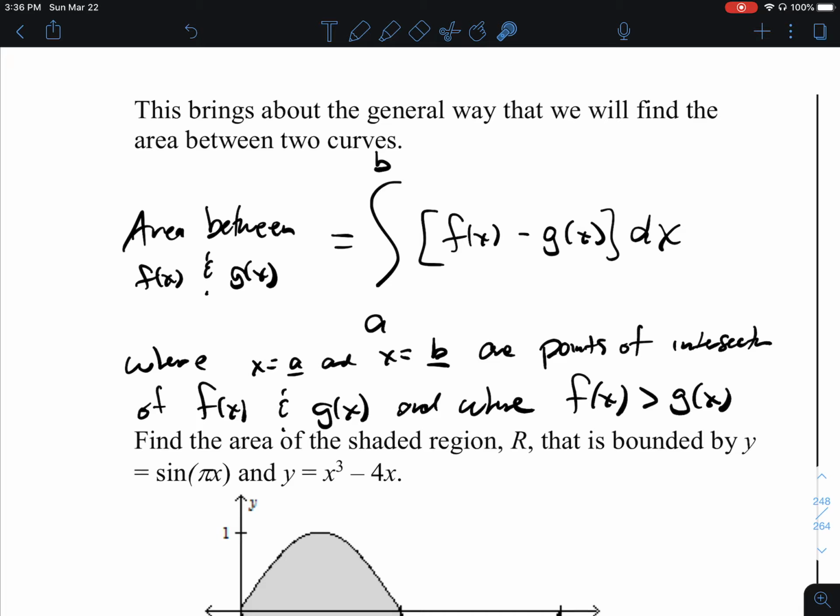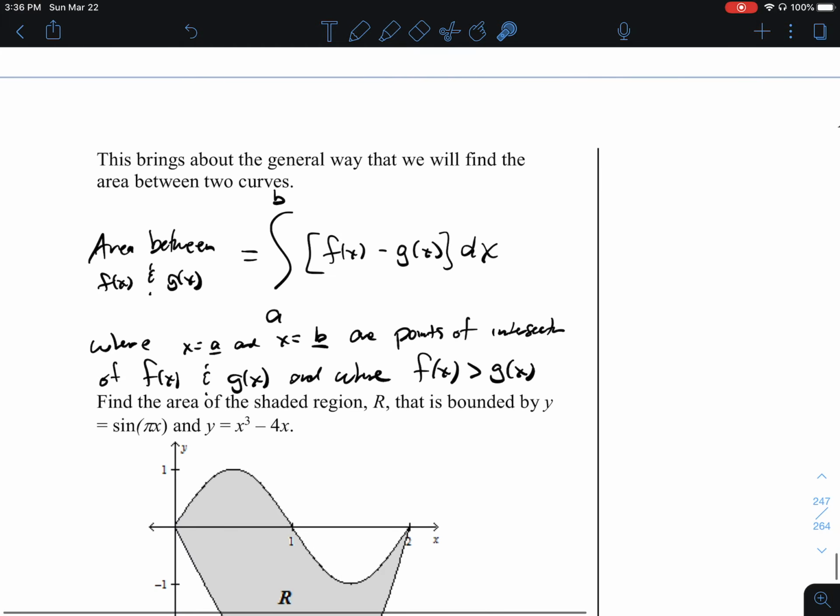So what that last part means, I don't like how that's written, but that's how you should write it. f is the upper curve, and g is the lower curve. It's upper curve minus lower curve, because the upper curve is going to give you all the area between the curve and the x-axis, and then the lower curve gives you its part. If you subtract those, you find the area that you're trying to find.